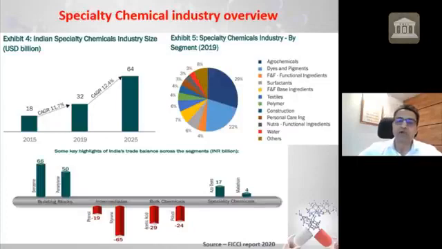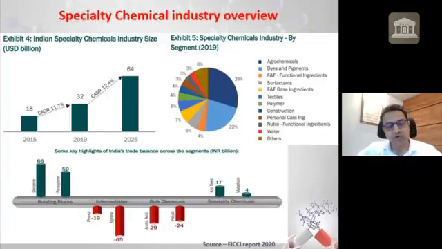So I think the growth rate is not going to be 12%, it will definitely be much more than 12% in the future. If you look at the specialty chemical industry by segment, agrochemicals, dyes and pigments make up almost 50% of the industry. The rest 50% is made up by functional ingredients, surfactants, textile, polymer, etc. If you look at the trade balances in India, we are surplus in building blocks like benzene and paraxylene, whereas we are short in intermediates and bulk chemicals like phenol, styrene, acetic acid, and polyol.